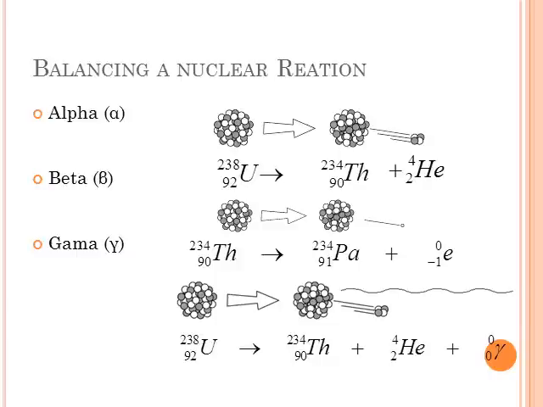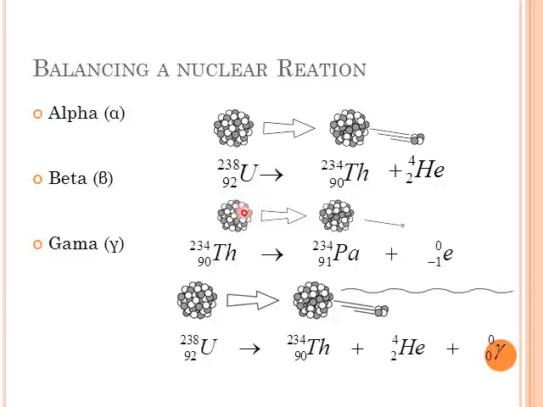What happens is you have an electron shoot off, which is strange because there are no electrons inside the nucleus. So what instead happens is one of your neutral particles inside the nucleus, a neutron, decays into a proton, positively charged, and an electron, negatively charged.